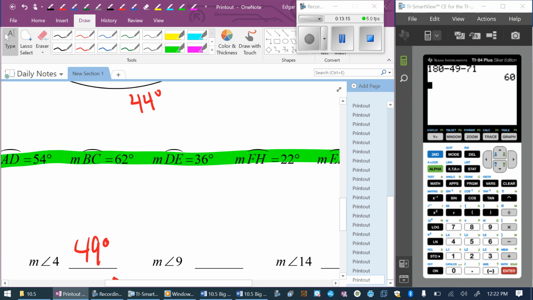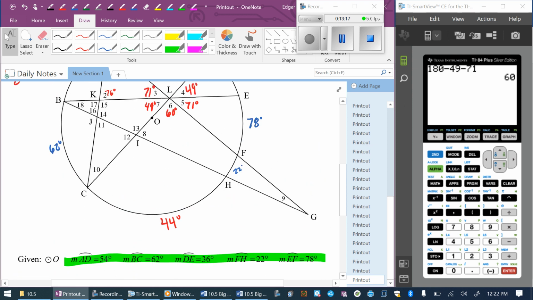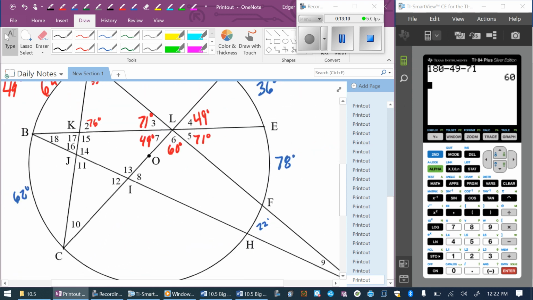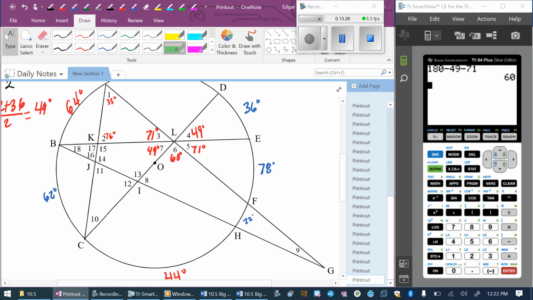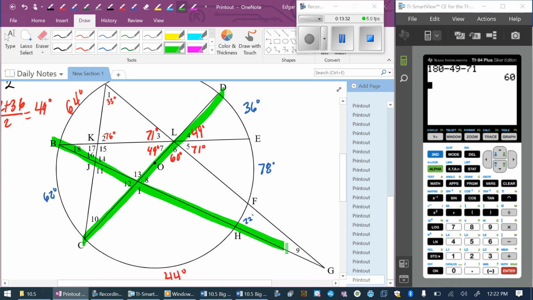All right, and then finally the measure of angle 8 here. Well, we don't have too much information just yet, so I'm going to take the approach of understanding that angle 8 is an angle that is inside of the circle. The two corresponding arcs to angle 8 would be this one and this one.